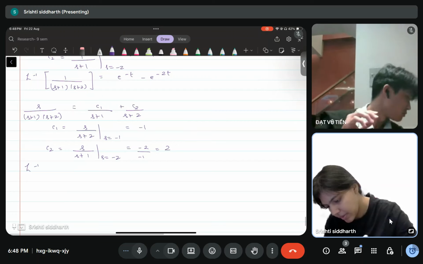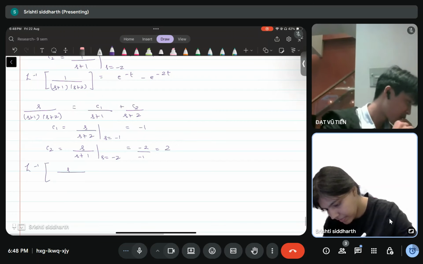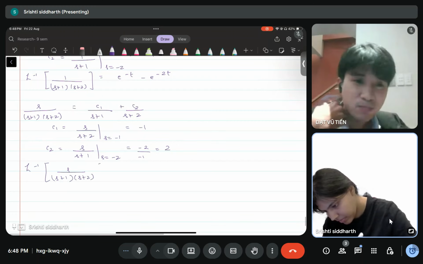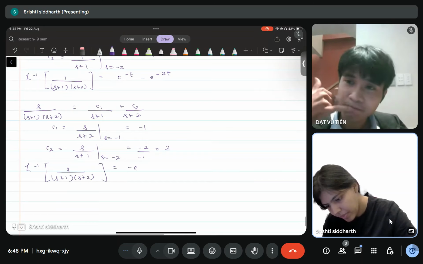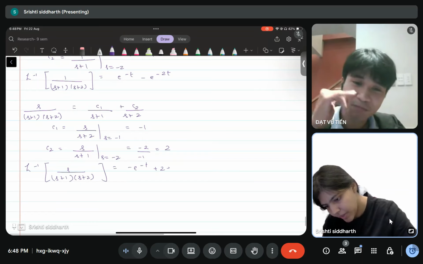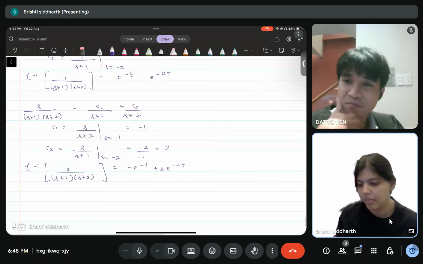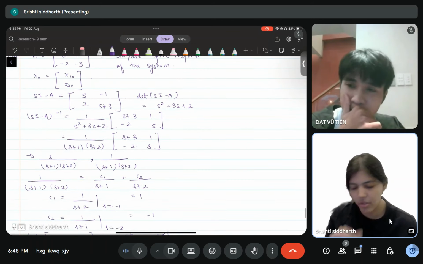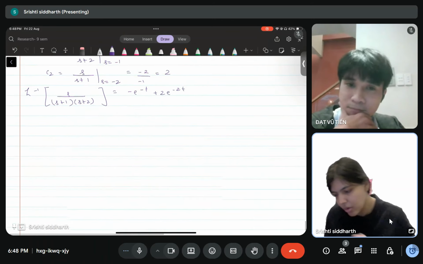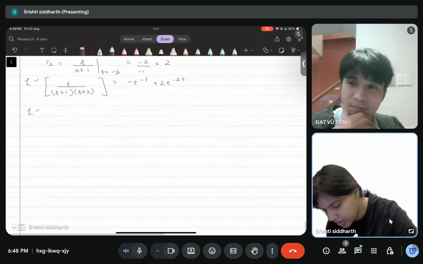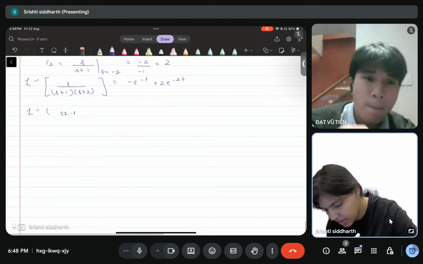Laplace inverses, minus e to the power minus t plus 2 e to the power minus 2t. So all the others are combinations of these two expressions. So I'm going to write down the Laplace inverse of this matrix.